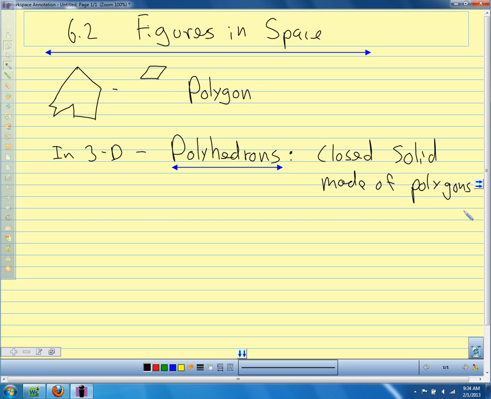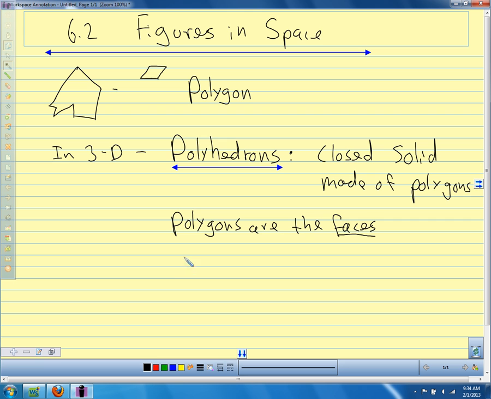That's what we're going to be talking about for part of chapter 6 and 7, these closed shapes made of polygons. The polygons are called the faces. So the polygons are the faces of our polyhedron.